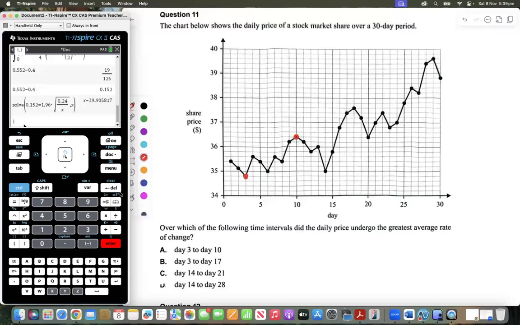So you are supposed to find actually the x values and y values. So 34, 35, this is 2. This point is 34.8, right?